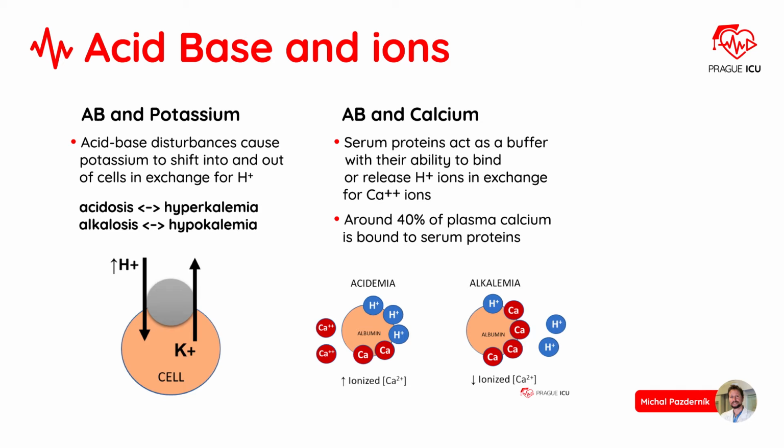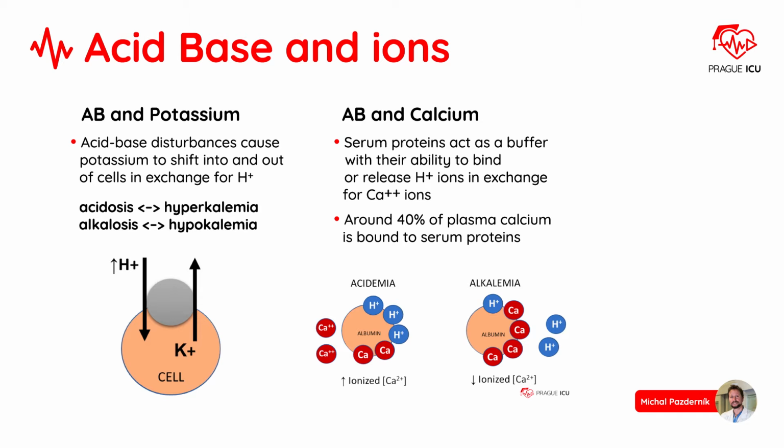To be able to correctly interpret acid-base balance, we need to know the relationship between acid-base balance and ions. In case of potassium shifts, acid-base disturbances cause potassium to shift into and out of cells in exchange for hydrogen cations. In acidosis, we observe hyperkalemia, and in alkalosis, hypokalemia.